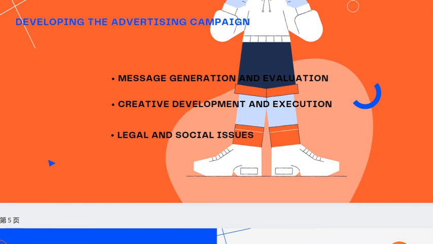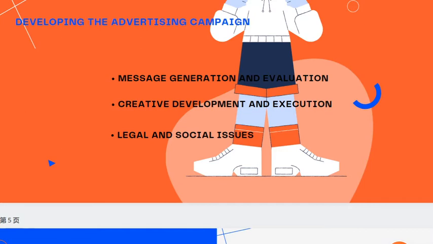Advertisers employ both art and science to develop the message strategy or positioning of an advertisement. It attempts to convey what the brand is about and its creative strategy, how the ad expresses the brand claims.